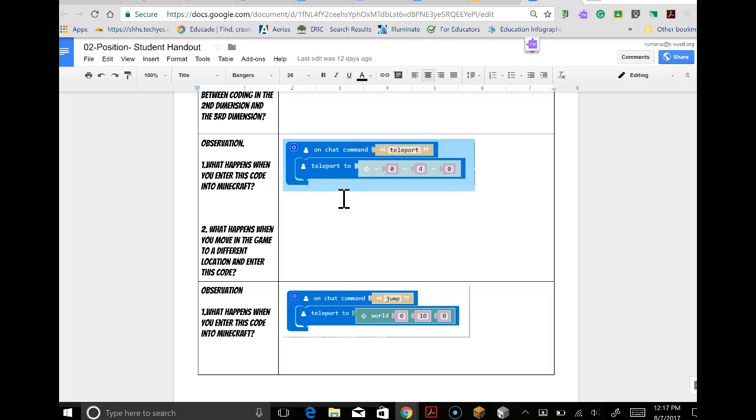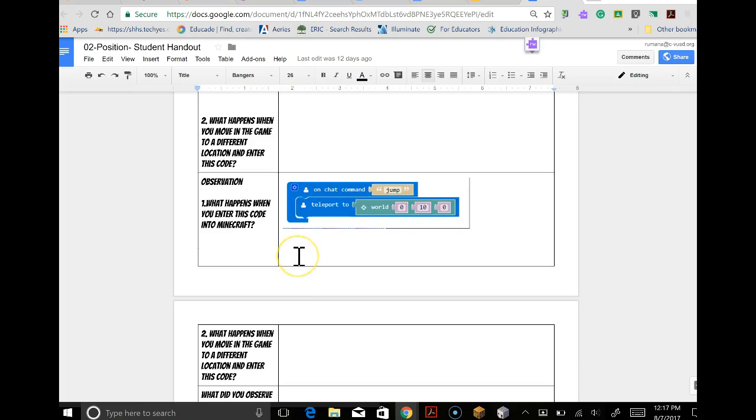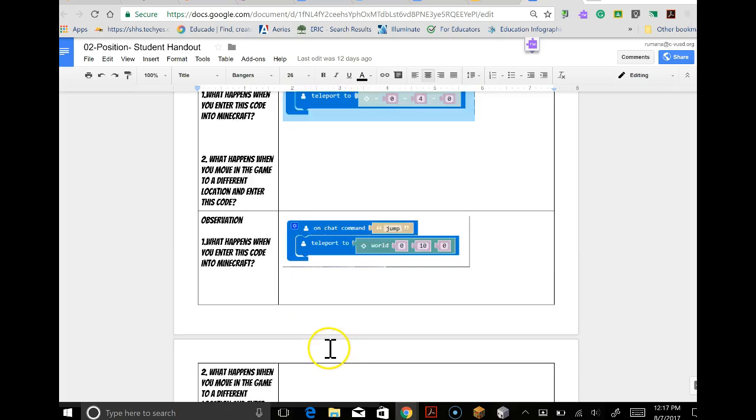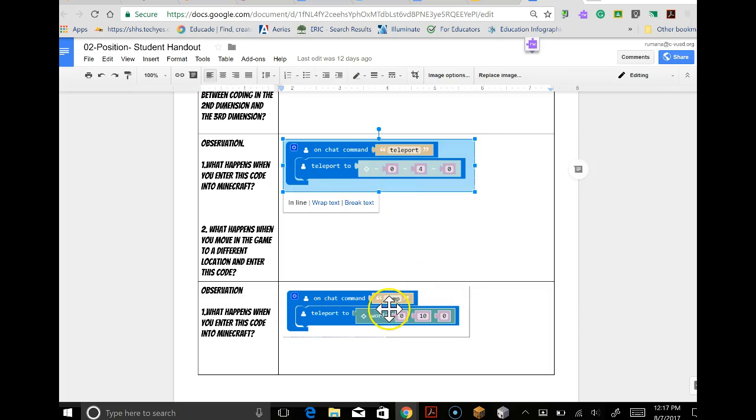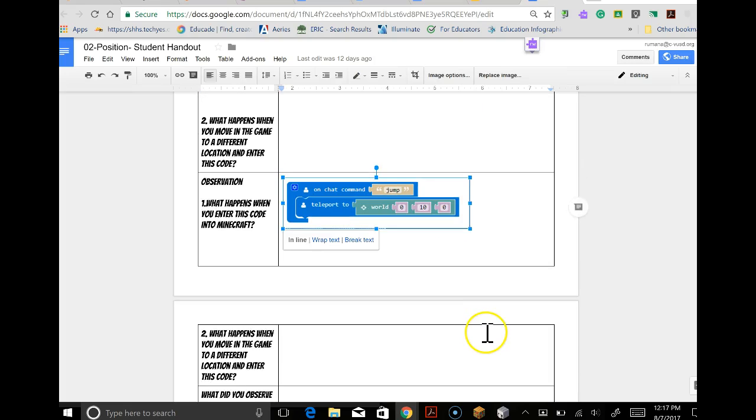They're going to write out what they've experienced. But then when they type in this code, what happens in the game? They start to realize the difference between a relative location based off the player's location, which is this one, and then this one acts like a location or an address of a home. It happens in one particular spot every time when you type in this particular code.